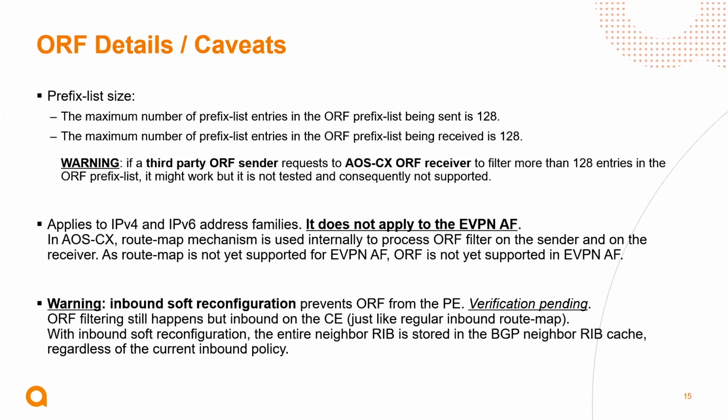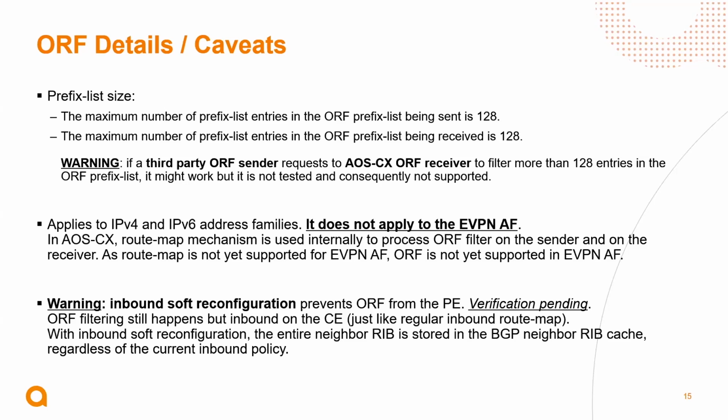There is a verification pending currently. If you activate inbound soft reconfiguration, and we'll see a slide about that, that will prevent ORF from working on the PE. You still have route filtering that will happen, but instead of being done on the PE, it will be done inbound of the CE, just like a regular inbound route map.